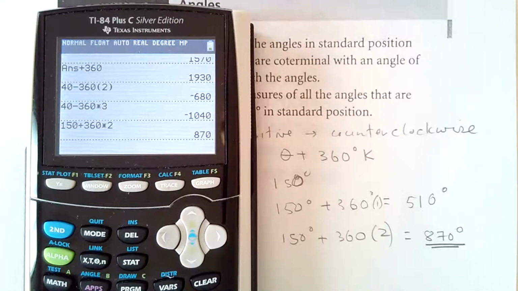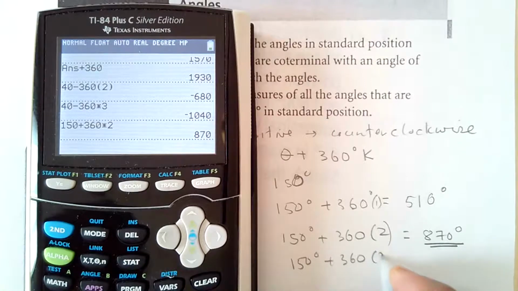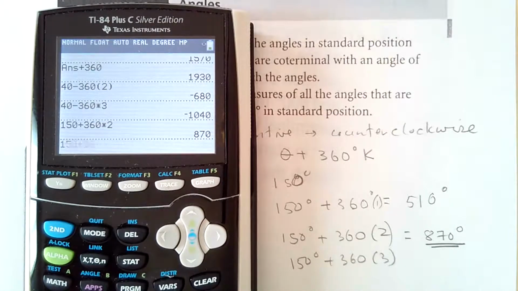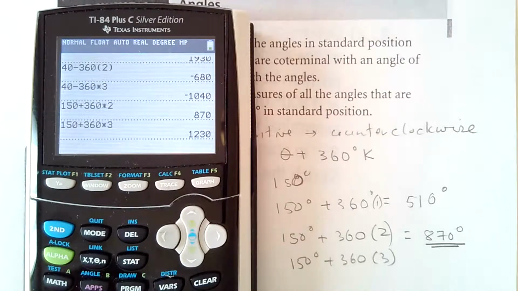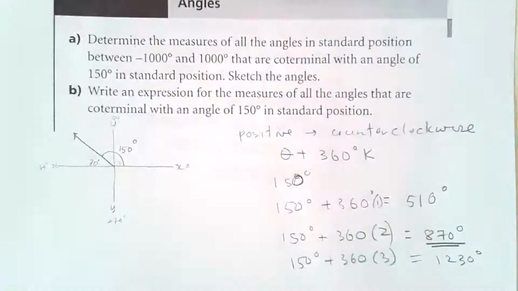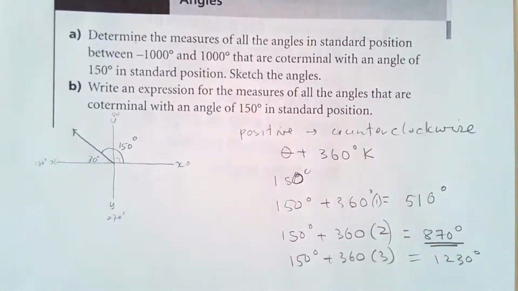Now if we were to continue, let's try one more: 150 degrees plus 360 times 3. That's way above 1,000, so that will not work, because the question asks for between negative 1,000 and 1,000 in standard position.